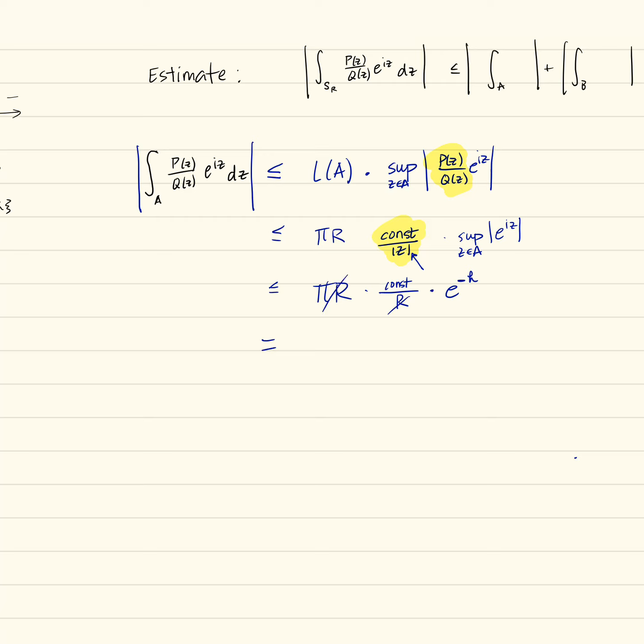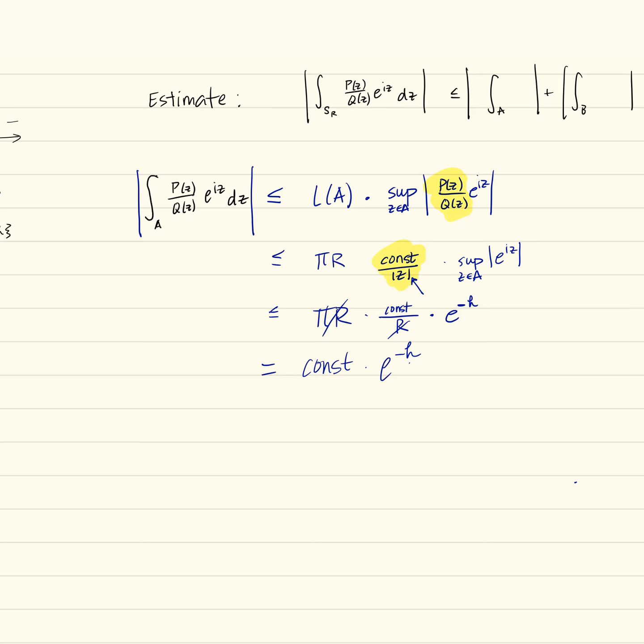The r's cancel out, so we've got a constant times e^(-h). Okay, so that's our estimate for this first part right here.